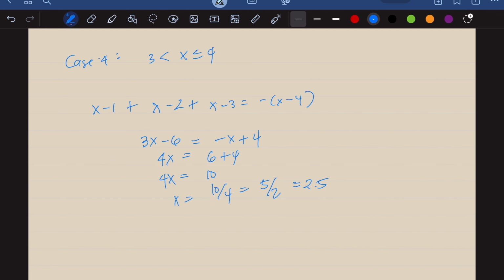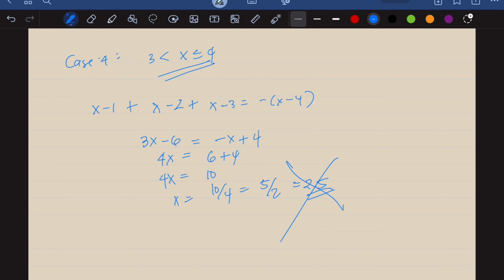Therefore, a solution for this one is 2.5. However, if we look at our constraint here, x must be between 3 and 4. 2.5 does not fit that condition, therefore it's not a solution.